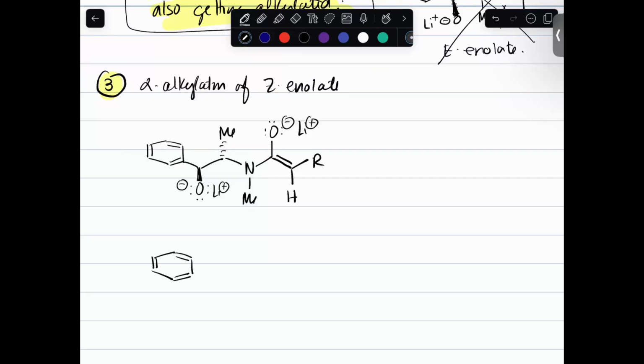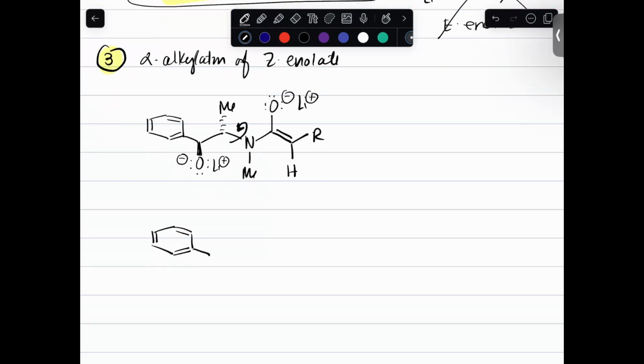And what I'm going to do is rotate around this single bond, where my methyl group is going to take the position of where the enolate is, and the enolate is going to take up the position of the methyl group. Okay, so we'll draw it out slowly so that you can see what's happening.